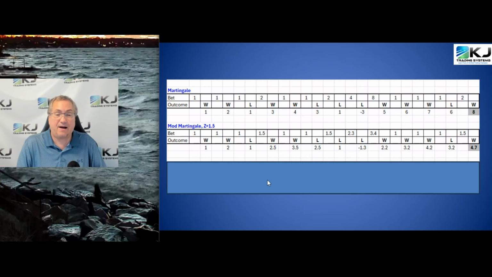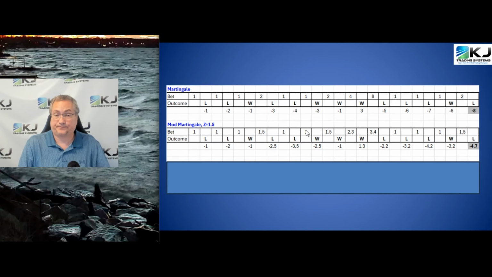If you compare the traditional martingale and the modified, just one example here, you can see that if the trades are the same, in this particular example the martingale does better than the modified martingale. But the big benefit of the modified martingale is that it doesn't increase size too much, too quickly. It's a slower ramp up in size, which could be very useful depending on your strategy.